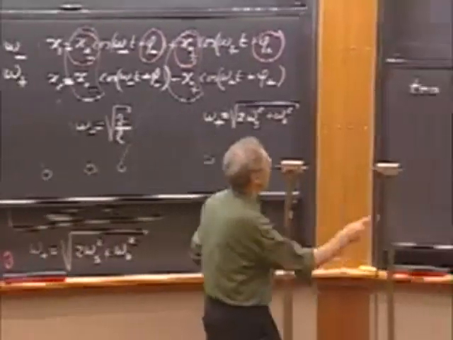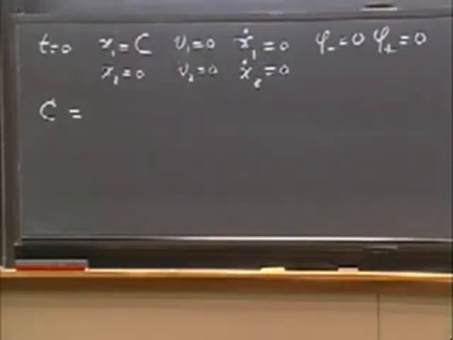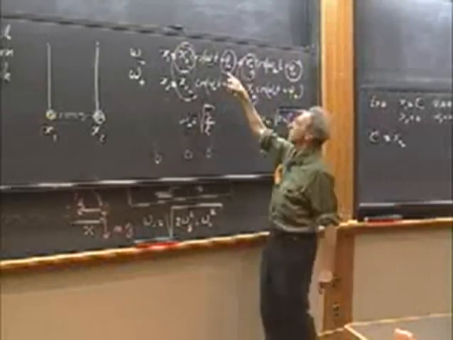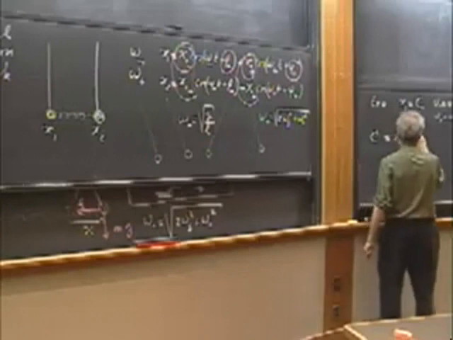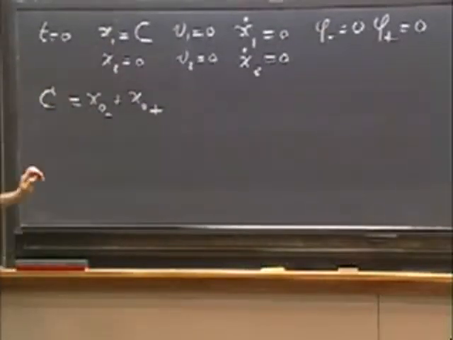And so then I get that x1 at time t equals 0 is going to be x0 minus, t is 0, so this is 1, plus x0 plus. That's this initial condition.